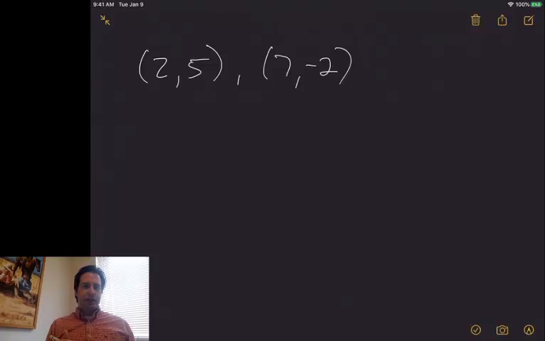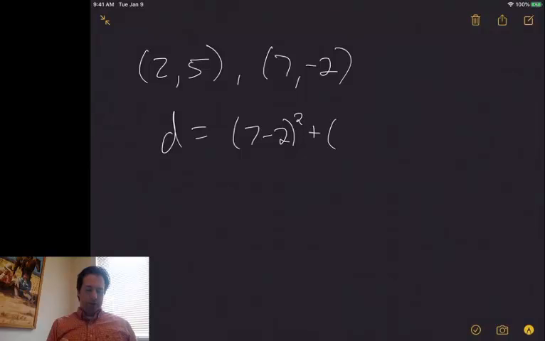I'm just going to go straight into the distance formula here. For the distance, I'm going to take the x values, 7 minus 2, and square that. I'm going to take the y values, negative 2 minus 5, and square that. And then I'll take the square root of that sum.